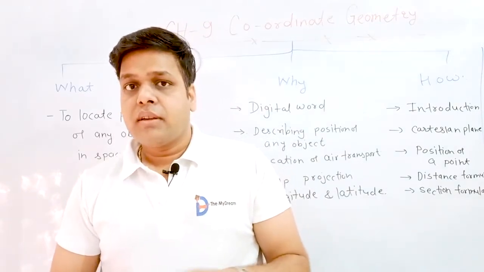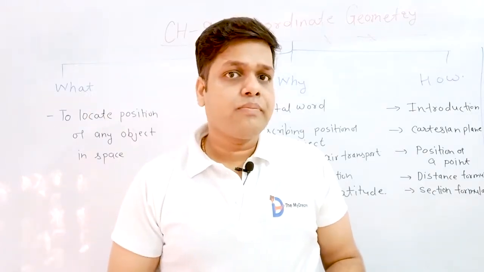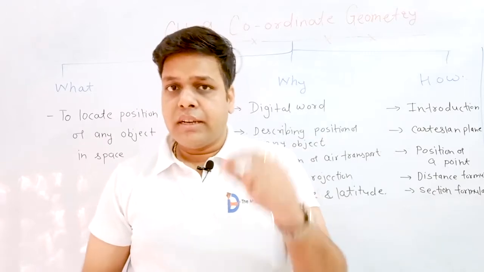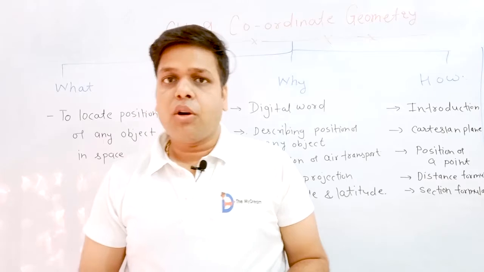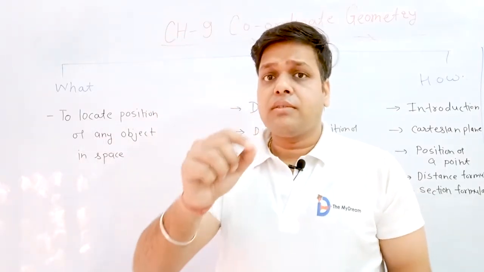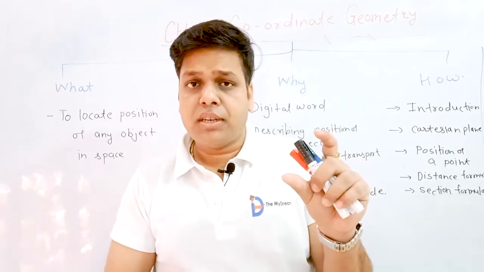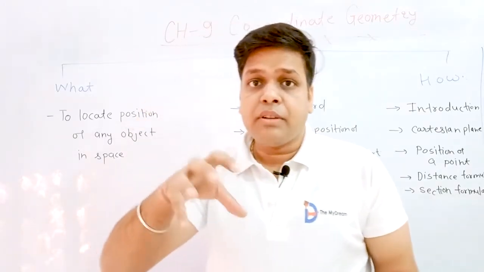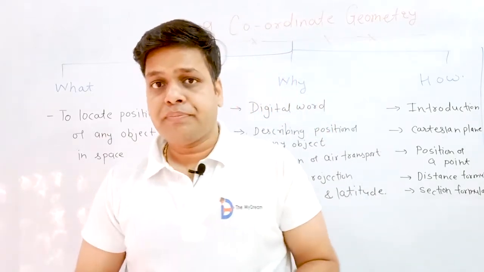If the delivery boy moves, the path moves accordingly. How is it possible? It is possible due to coordinate geometry, because there is software connected to the internet that describes his position at a particular moment. To describe its position, we use the concept of coordinate geometry.